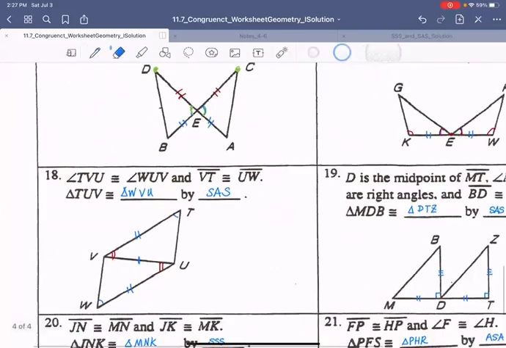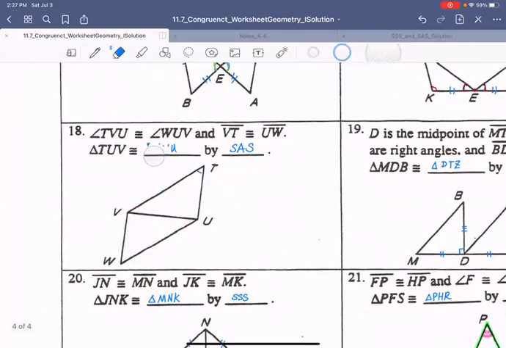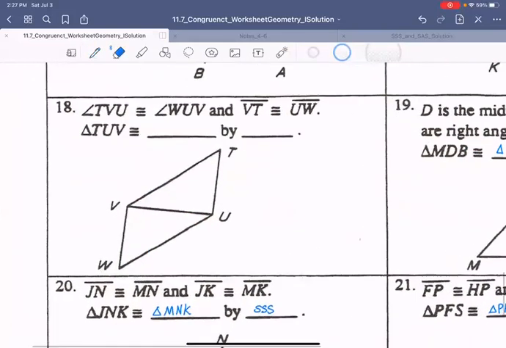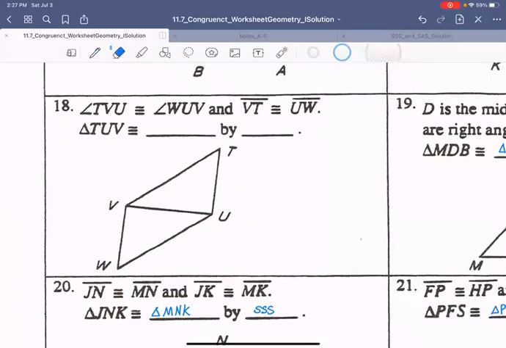Debbie, let's look at number 18. Angle TVU is congruent to angle WUV. Line VT is congruent to line UW.